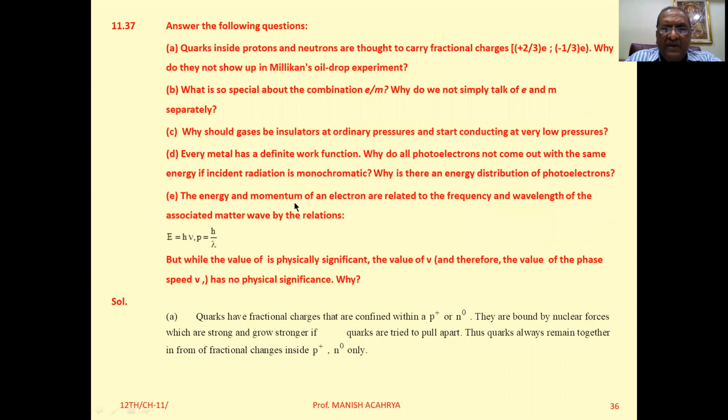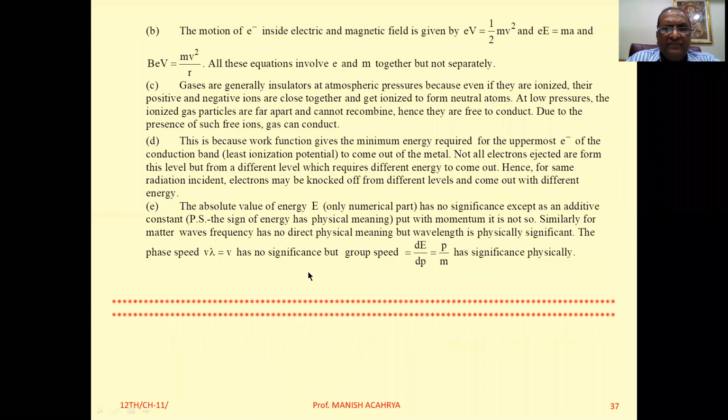Then the energy and momentum of an electron are related to the frequency and wavelength of the associated matter wave by the relations E equal to h nu and momentum p equal to h by lambda. But while the value of lambda is physically significant, the value of nu, and therefore the value of phase speed, has no physical significance. Why? The absolute value of energy has no significance except as an additive constant. But with momentum, it is not so.